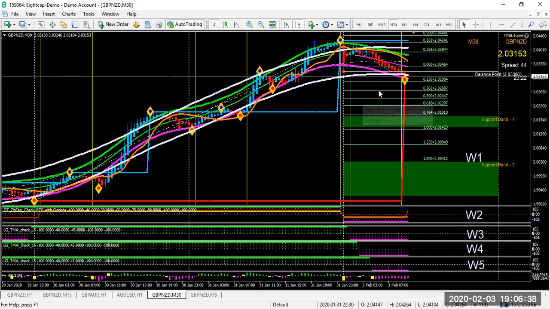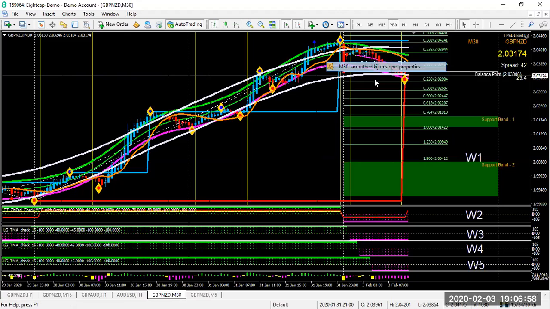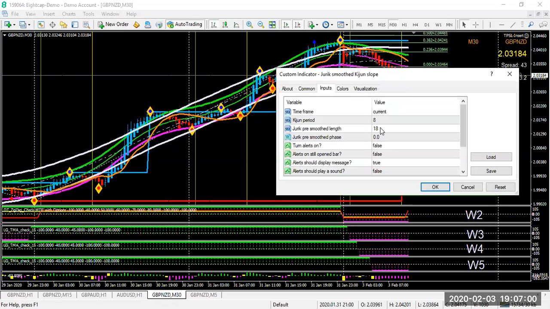So these lines, okay, there's a question. Can you show settings of the orange line? Okay, the orange line is the smooth Kijun slope, 8 and 18.